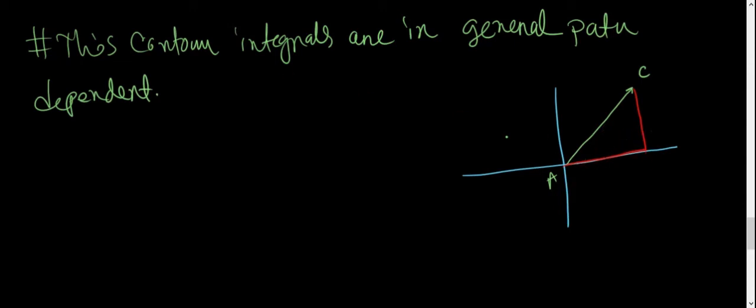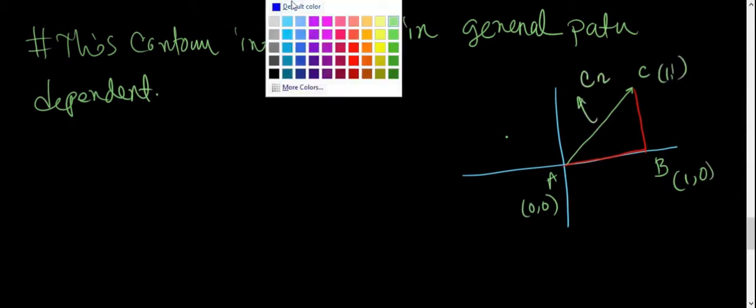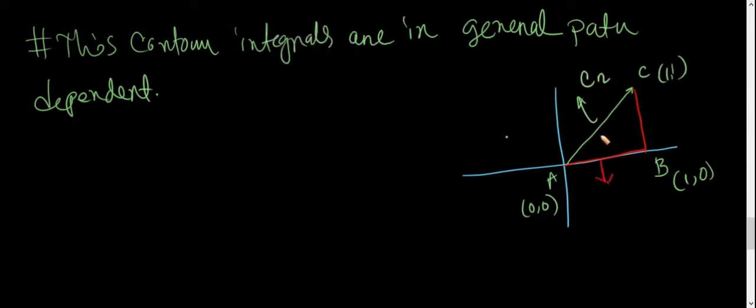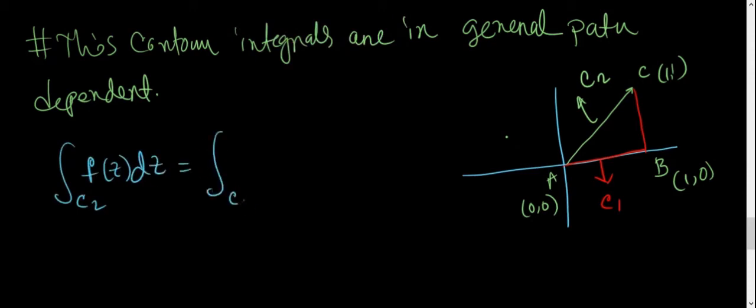So this is our B. Again, let's write the coordinates down, 0 0, 1 0 and 1 1, and let's call this green line the second contour, C2, because we denoted the first contour, the red line, as C1. And now what we ask is that we want to evaluate this integral f of z dz, that means z bar dz along the second contour.